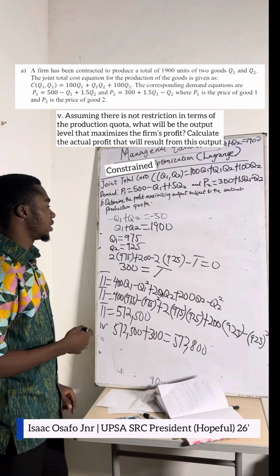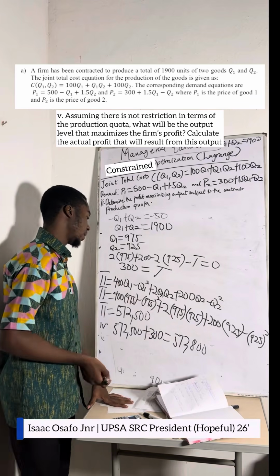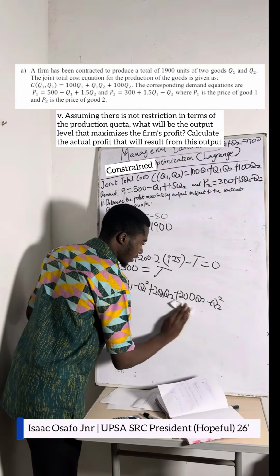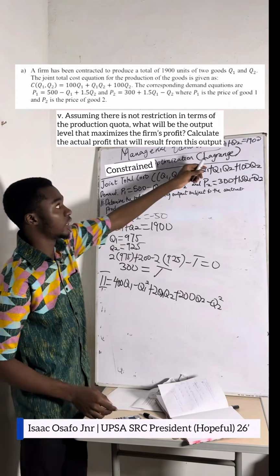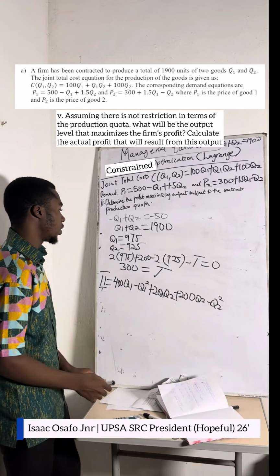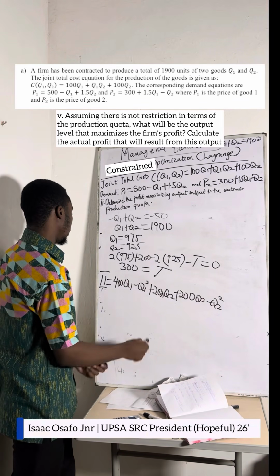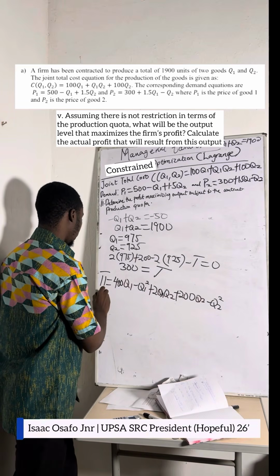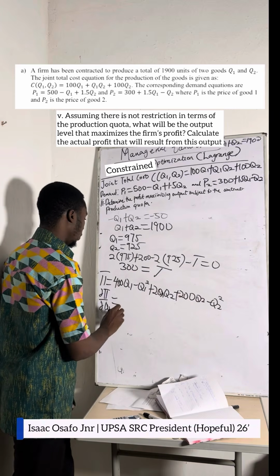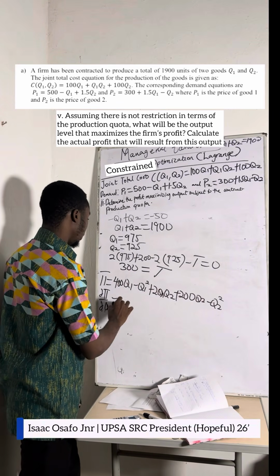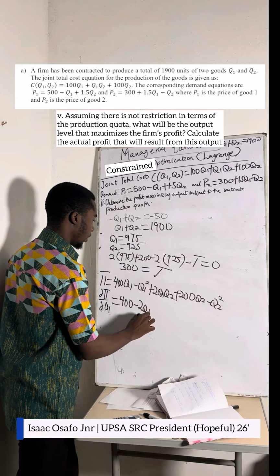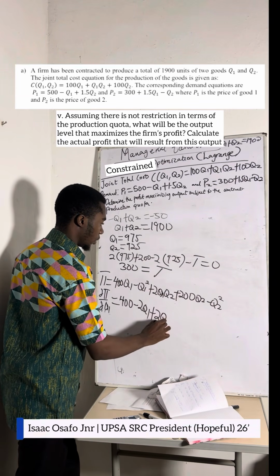Now, when you try to do it, you are going to get an error, but let me just do it and show you. So I'm going to clean this part. So they are saying this is the profit function. Now, don't assume that you are supposed to produce 1,900. Let's just maximize this. If you are maximizing this, we'll do it with respect to K1 and K2. So del pi over del K1 is equal to, you are differentiating with respect to K1, so you are going to get 400 minus 2K1 plus 2K2.